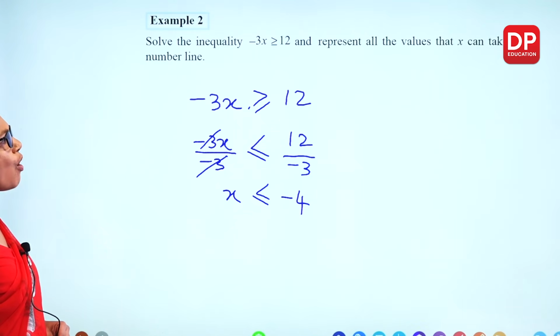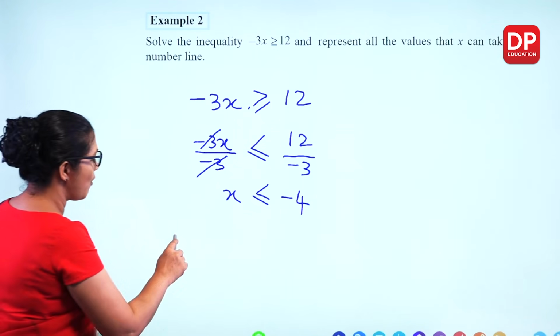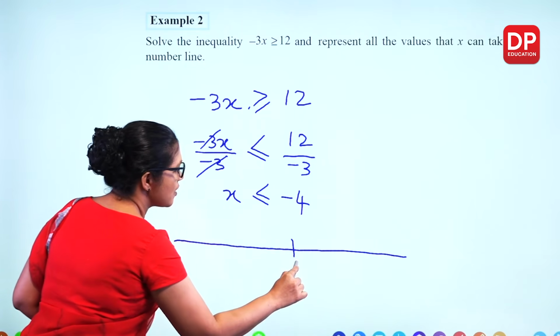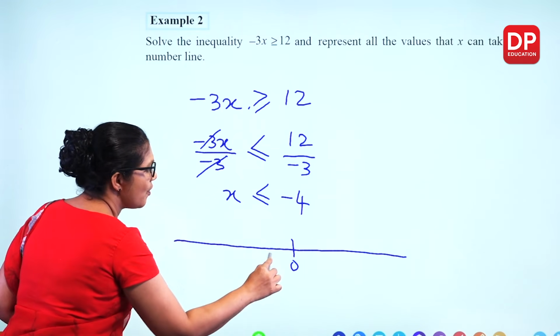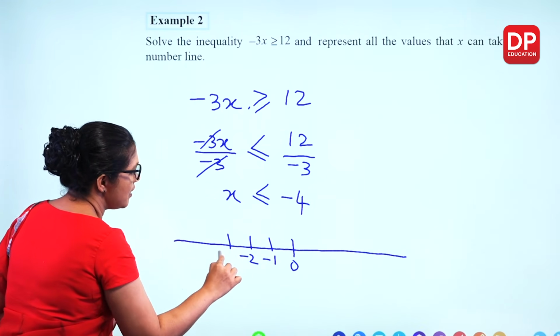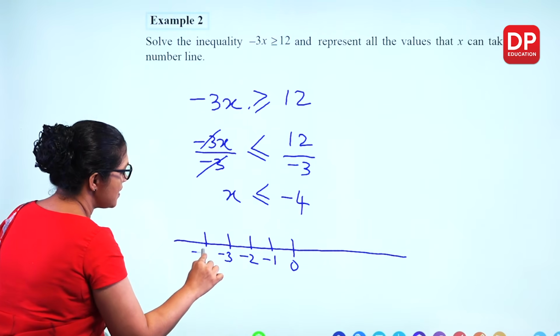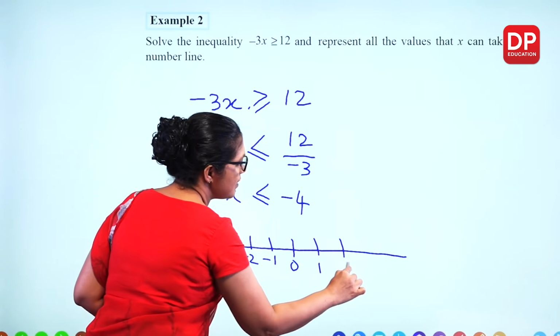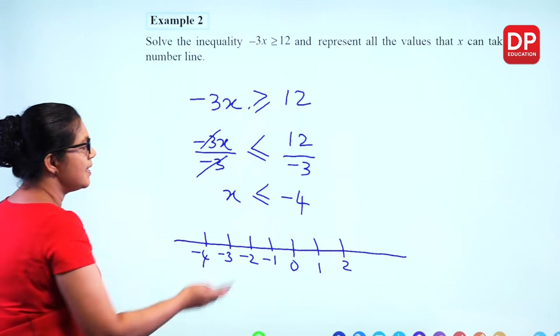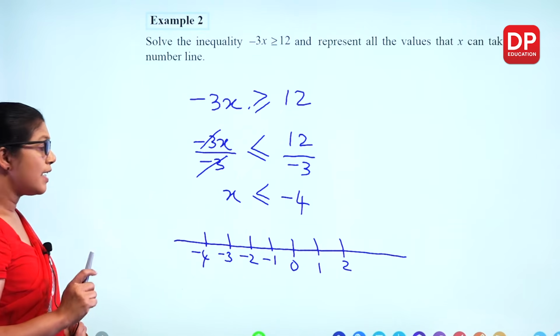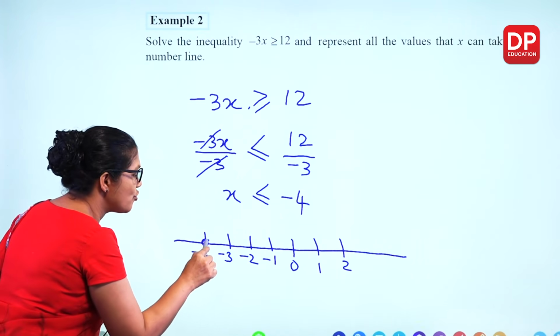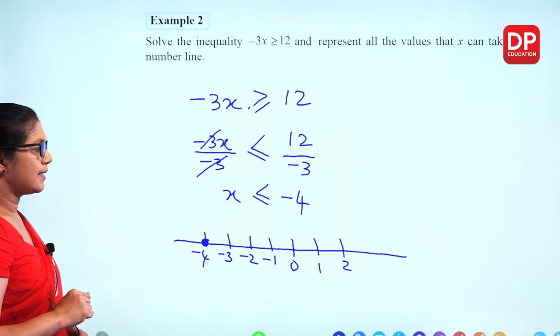So what are the numbers now? If you want to draw on a number line, what can we do? First, you can start here with 0, put the negative numbers and several positive numbers. Minus 4 is included, so make sure that you draw a solid circle.